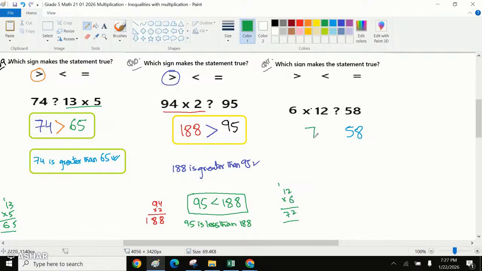So this is 72. And we know the statement that 72 is greater than 58. So we put in the greater sign. Okay? Yes, thank you, Valerie. That was 72.